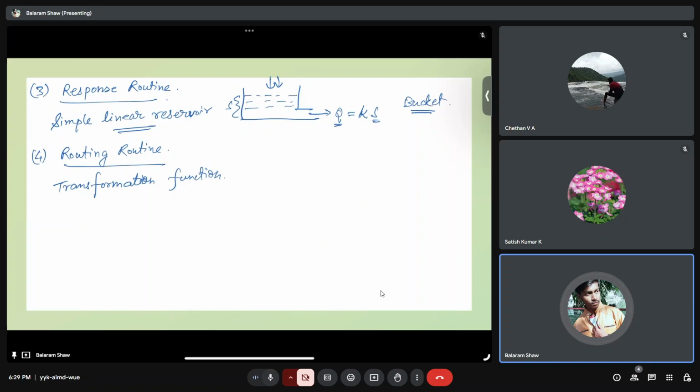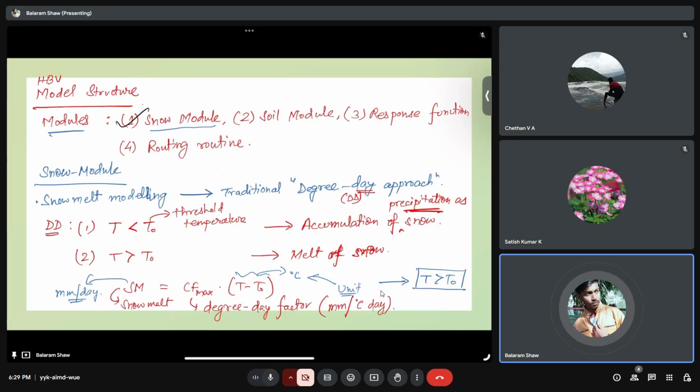So the generated runoff of one time step is distributed on the following days using one free parameter, which will determine the base of an equilateral triangular weighting function, right? So these are the main modules of the HBV model.